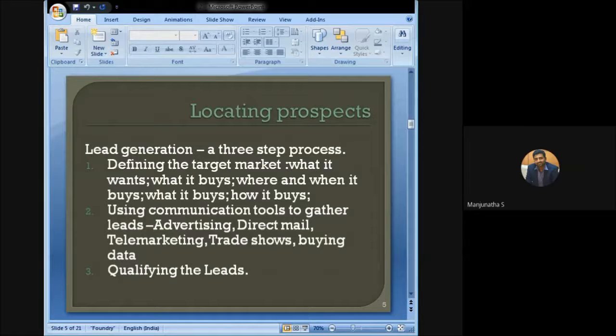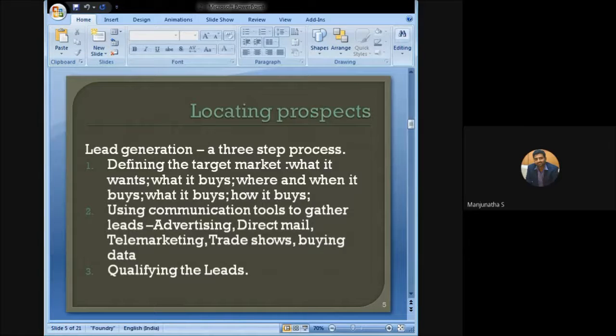The second one is using communication tools to gather the leads. It may be advertising, direct mail, telemarketing, trade shows, buying data. All this may be done using IMC programs. With effective integrated marketing communication programs, we can find the communication tools and gather the leads and data.